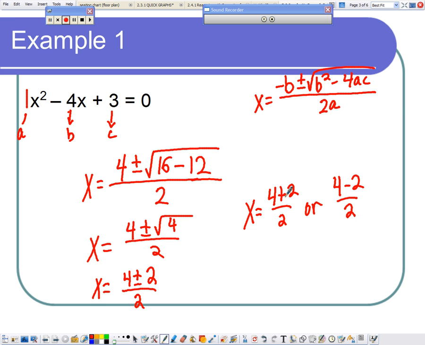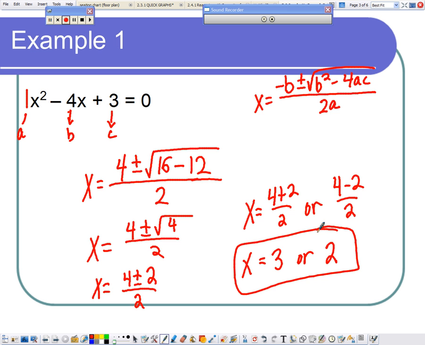So 4 plus 2 is 6, divided by 2 is 3, or 4 minus 2 is 2, divided by 2 is 2. So our answer could be 3 or 2. Okay? Oh, sorry, wait a minute. I messed up. 4 divided by 2 is 2. 2 divided by 2 is 1. Okay? And when you check, remember, if we factored that, yeah, 3 times 1 gives us 3, and when you add them, we get negative 4. So that method would also work.